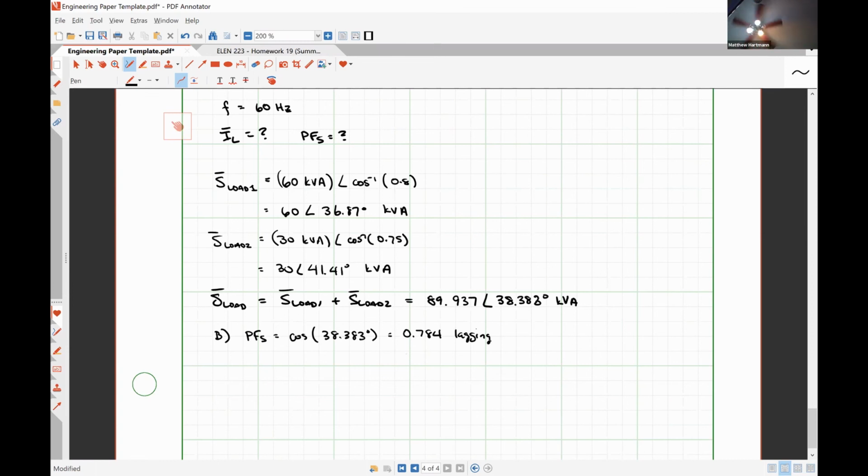Okay. Now we want our line current. Now, I don't expect you to recall this equation right off the top of your head because we just learned it a few minutes ago.